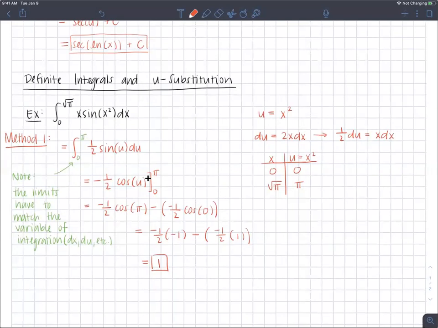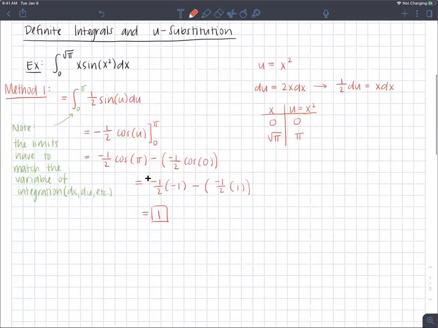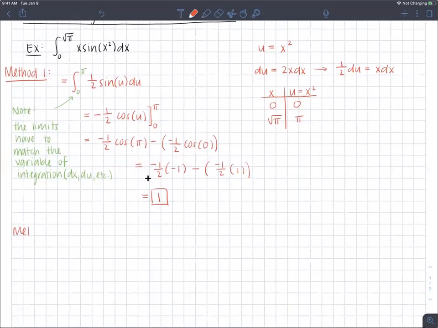Okay, so the second method is, instead of figuring out what the limits for u would be, we can just ignore them until we get to the end, and then we can put back in the limits for x. And so method 2 would be, here, the original problem is from 0 to the square root of pi of x sine of x squared dx. We're still going to have the same value of u.